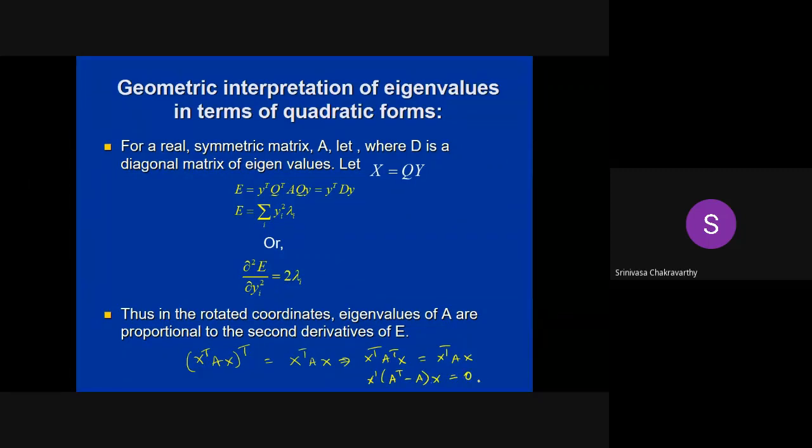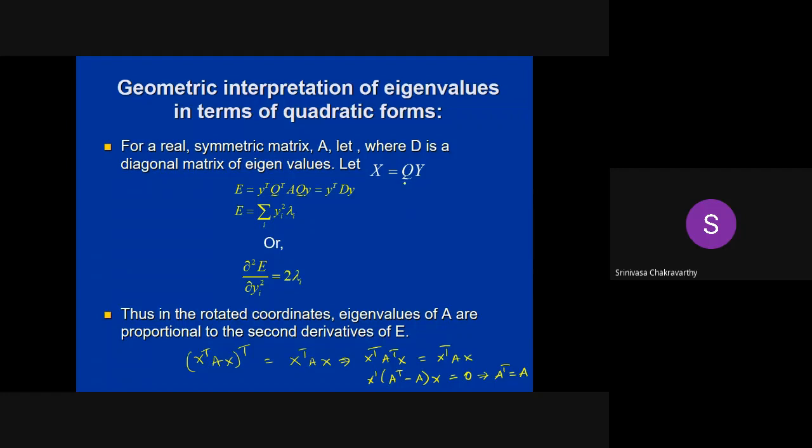For any x, this has to be 0, which means A transpose is equal to A. Therefore A is symmetric. So it is meaningful to discuss quadratic forms only when A is symmetric. Even if you look at the multivariate function, A is a Hessian, and assuming f is a smooth function, the Hessian matrix will be a symmetric matrix. So everything is consistent.